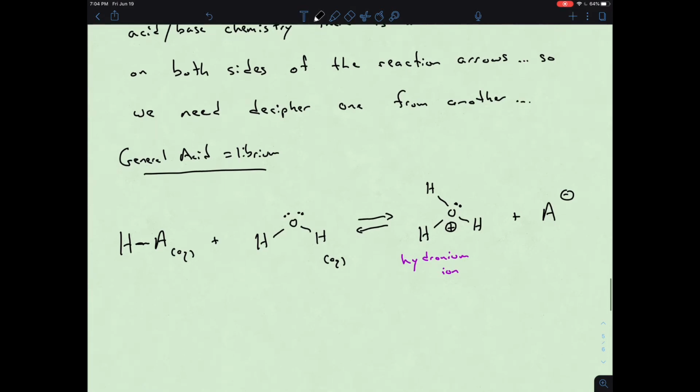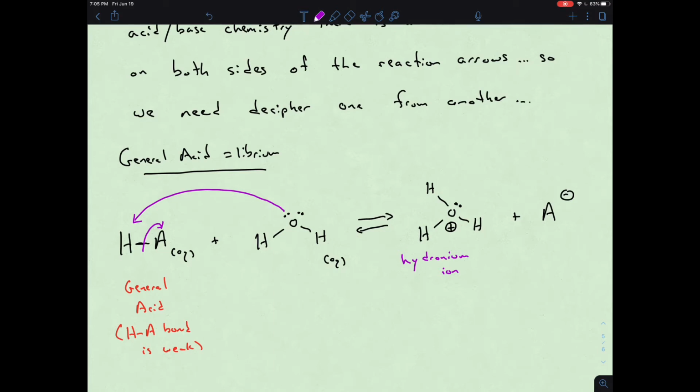So again, here we have our general acid. The HA bond is weak, so the lone pair on the oxygen of water grabs the proton, and as a result of that, the bond electrons go on to our A minus.